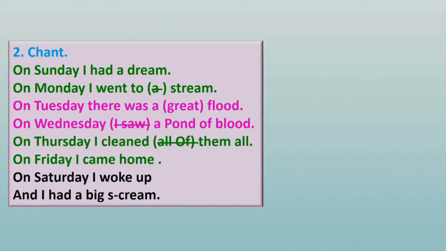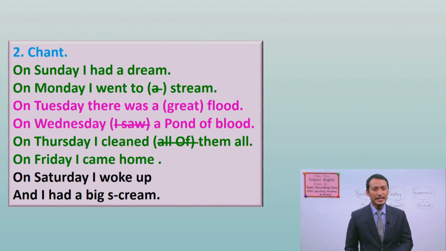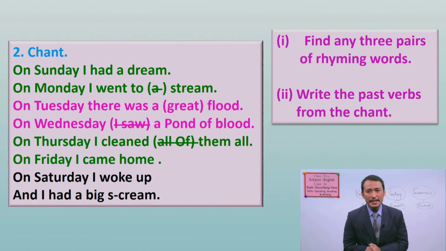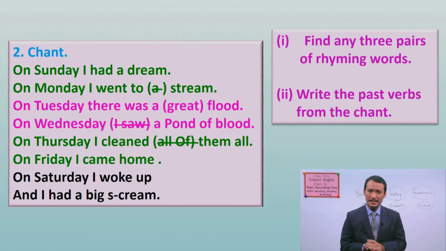Now let's look at the chant again. You can sing this like I sang before. Now let's have a question. Have a look at the question here. We have to do the exercise of finding any 3 pairs of rhyming words. What are rhyming words? Do you know?